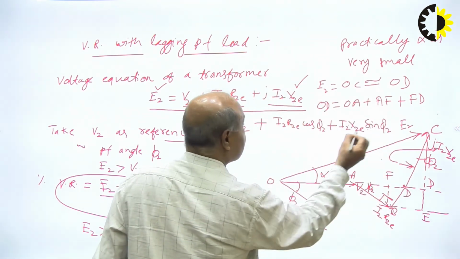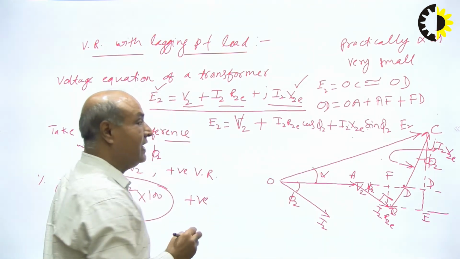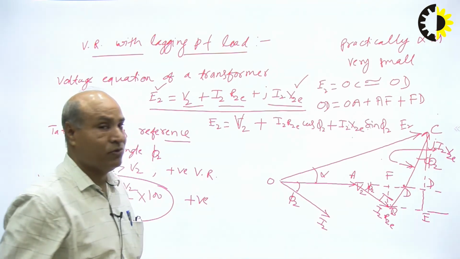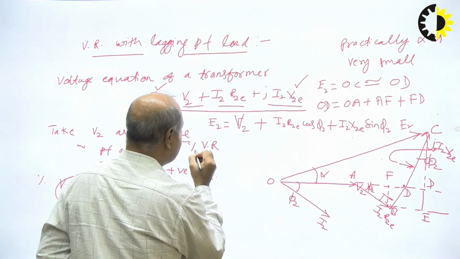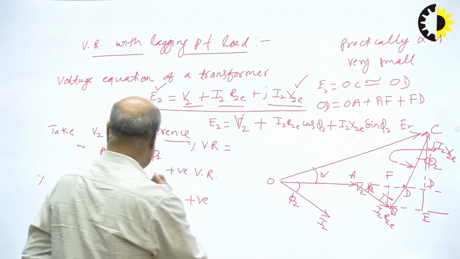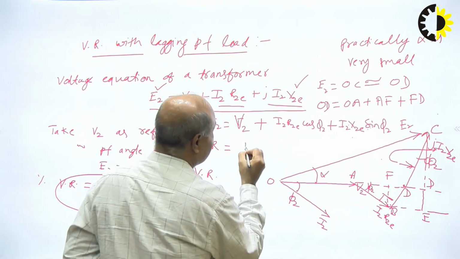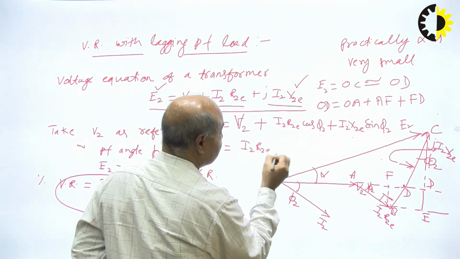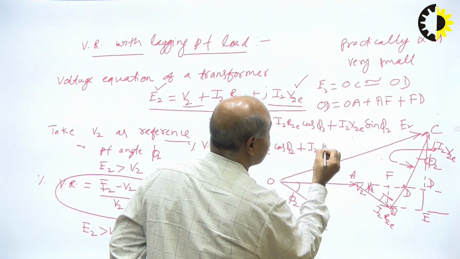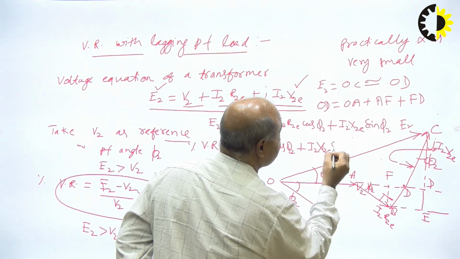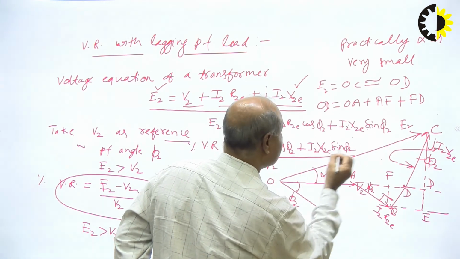So we have got the equation of E2, that is the no load secondary terminal voltage. Hence, the percentage voltage regulation will be E2 minus V2. V2 will cancel out, and we get I2 R2E cos phi 2 plus I2 X2E sin phi 2, upon V2, into 100.